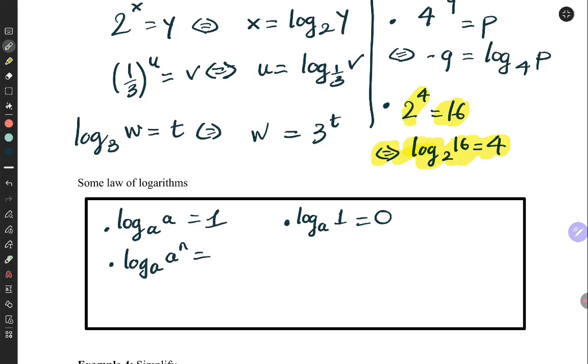This is actually the power rule in logarithm: the n can go to the front, drop it down. Actually, x times log base a of a. Okay, I want you to change a different thing, because log base a of a will be 1.